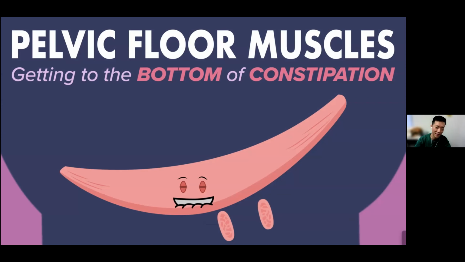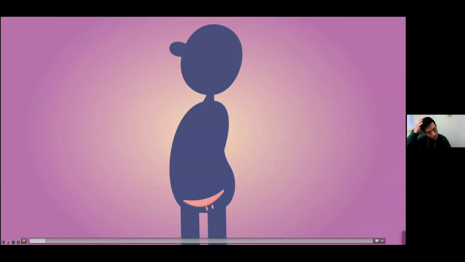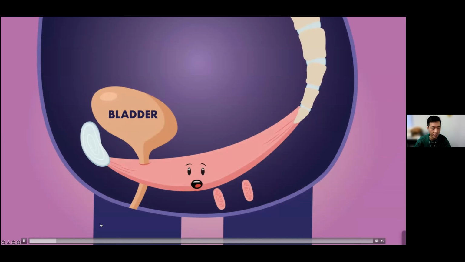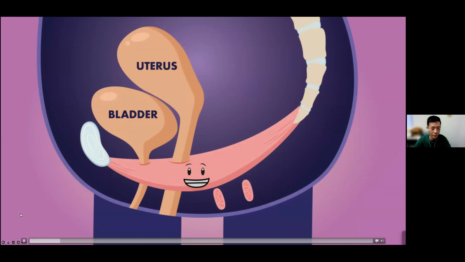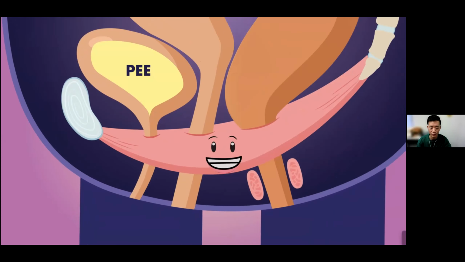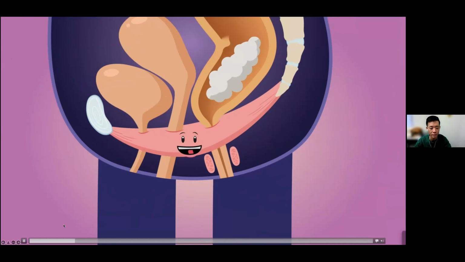Getting to the bottom of constipation. Hi, I'm a cartoon version of your pelvic floor muscles. I am shaped like a bowl, and I sit at the bottom of your pelvis. There are many parts to me. I hug the tubes that lead to the urinary bladder in the front, pear-shaped uterus in the middle, and bowels in the back of the pelvis. One part of me helps you hold in your pee, and another part bottles up farts when you're in public. Oops, I let one go.